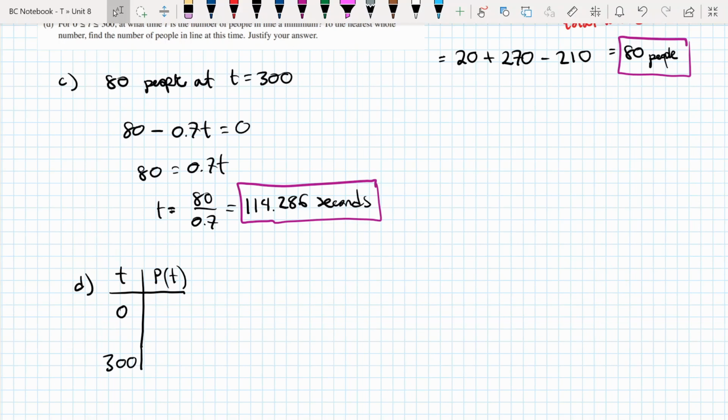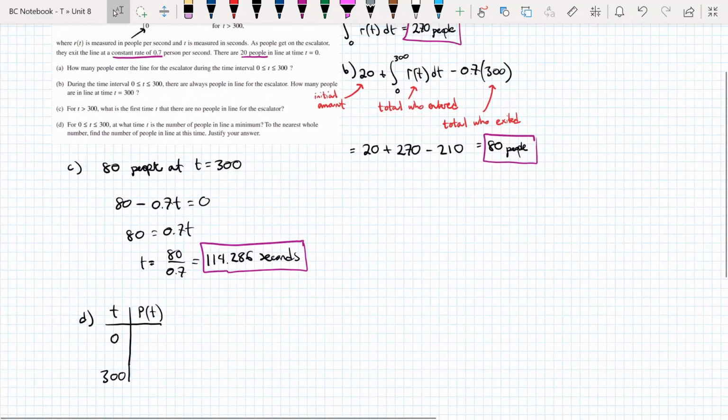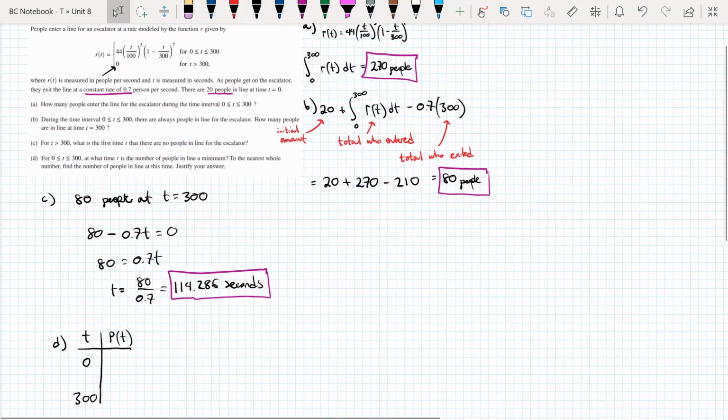We want to determine the number of people at 0 and at 300. The number of people at 0 is just the initial amount, given to us over here, which is equal to 20. The number of people at 300 is the number left after 300 seconds, which we calculated in letter B. That was 80 people. And so at 300, there are 80 people.